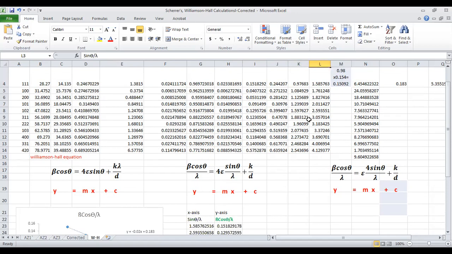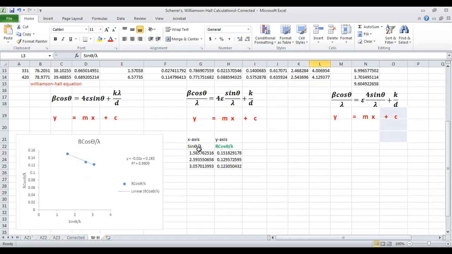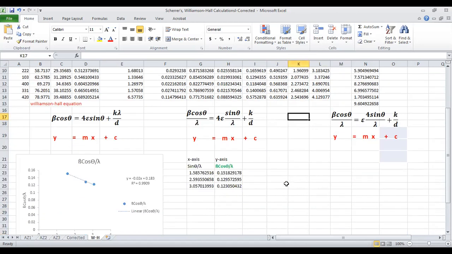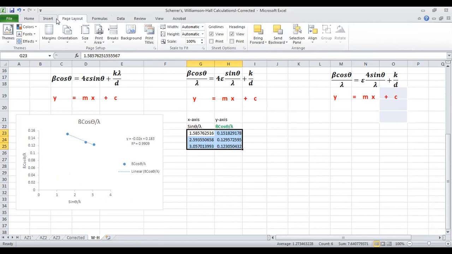Because you have already calculated the x-axis and the y-axis over here, I am taking these values just as a reference. These are the x-axis values, and these are the y-axis values. I am just taking them simply; you may take all these values to plot a graph, which is plotted over here, just to show you the formula.